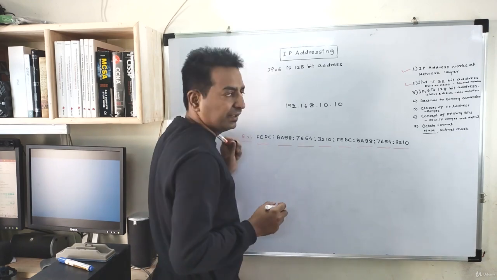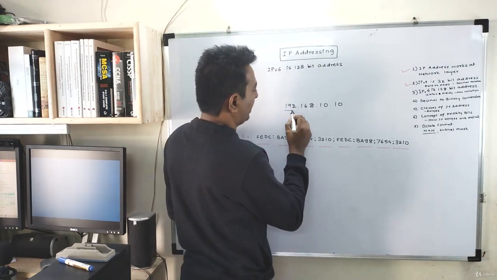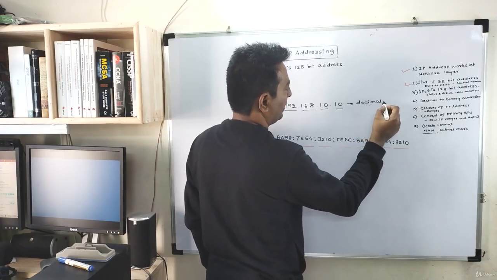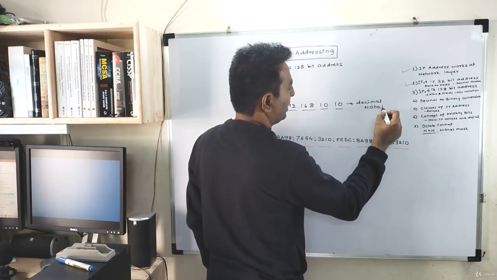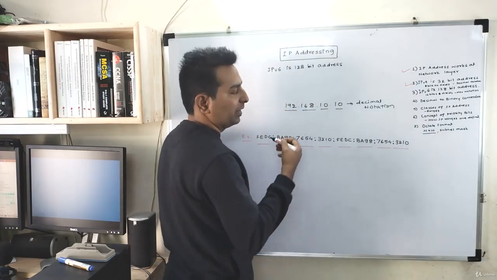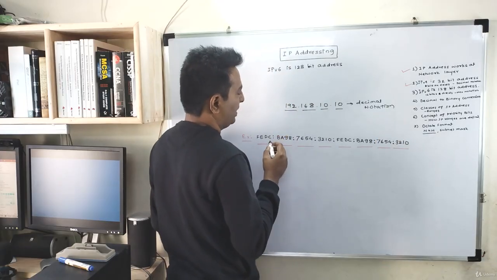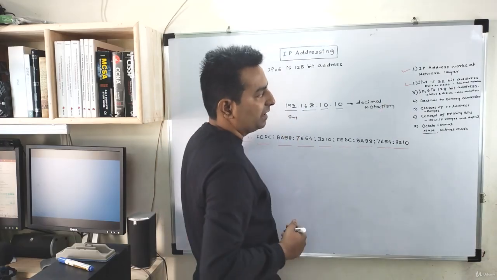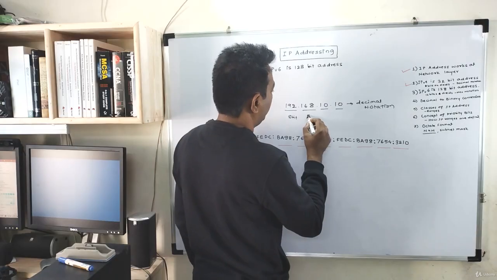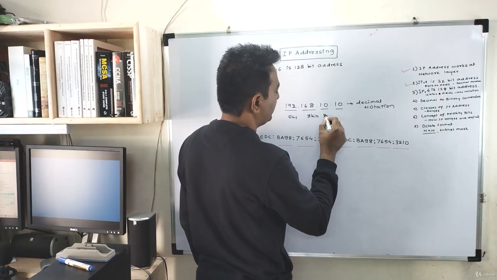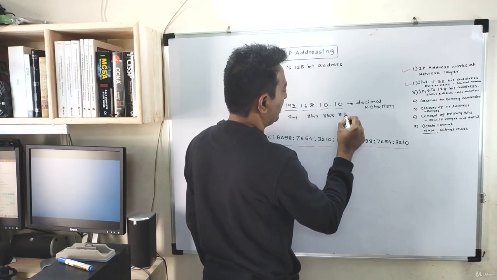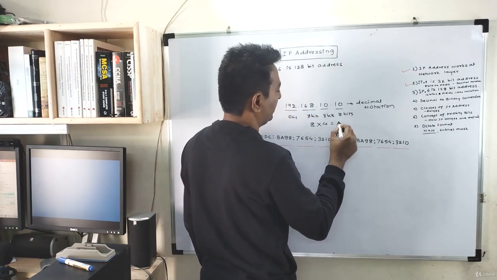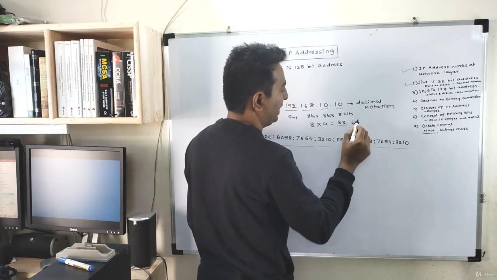There are 4 fields and this is decimal notation, in which the IP address is represented. If you convert this to binary, each field is an 8-bit value. So this is 8 bits, this one is 8 bits, 8 bits, and this is also 8 bits. So 8 bits into 4 fields came out to be 32 bits, right?